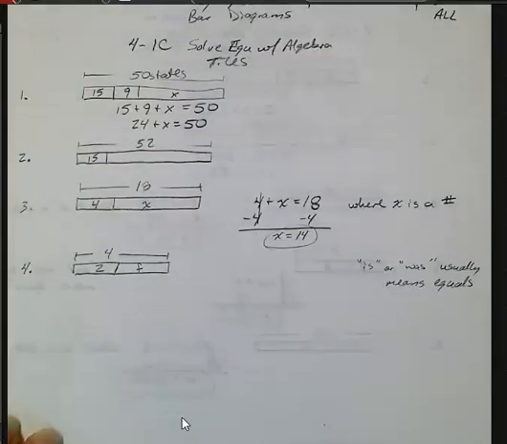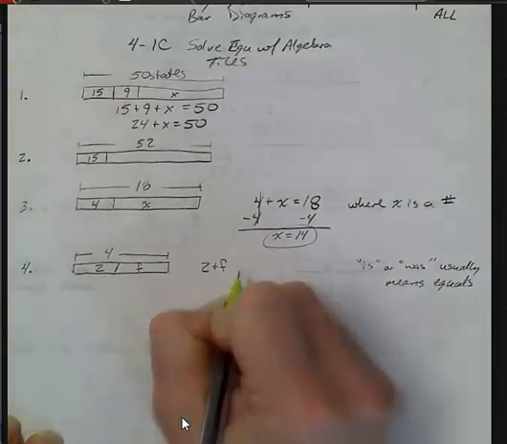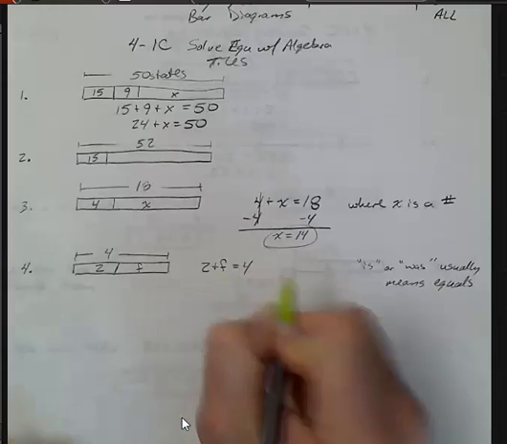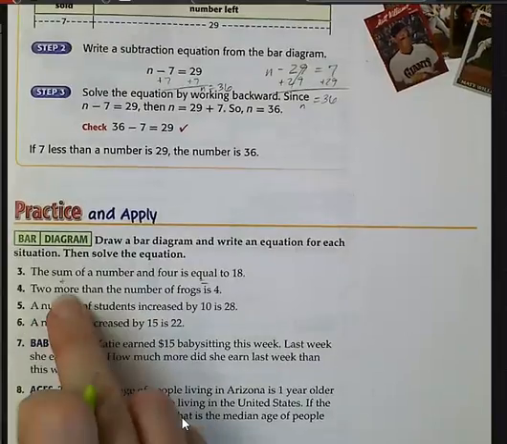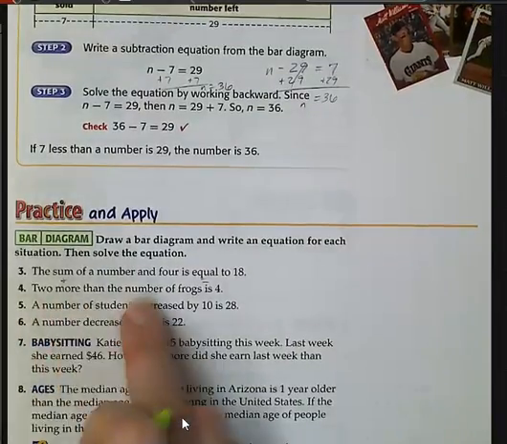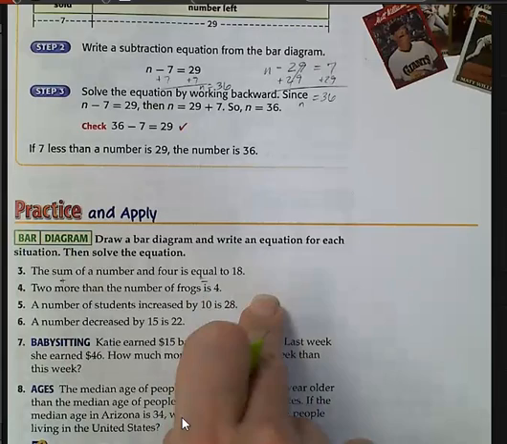Ooh, I could, but that does not match what it says. It says 2 more than the number of frogs is 4. So you do 2 plus F. 2 plus F equals 4. Do you see how that matches the words better? 2 more, so the number 2 plus the number, that's our letter, is means equals 4.